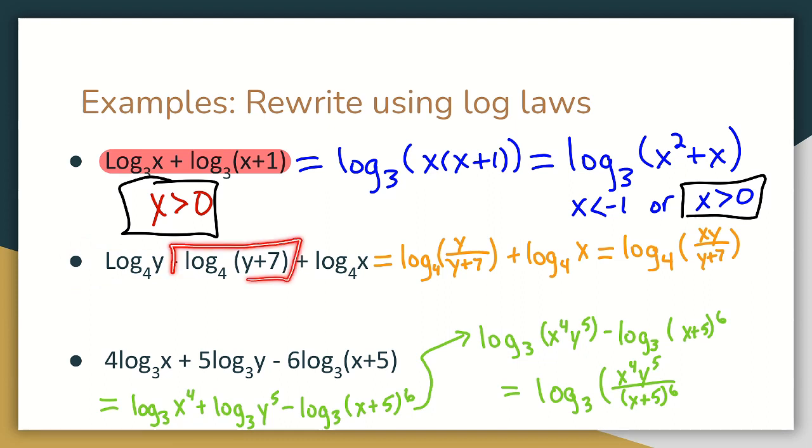Here, as long as y is greater than -7, it works. So this one y has to be positive, and so this one has a less restrictive condition, y can be greater than -7. So it allows us to have some things that this one doesn't. Here, x has to be greater than 0.